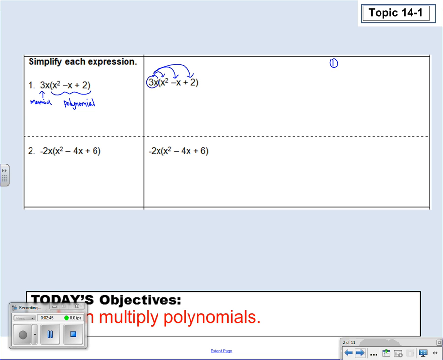So our step is to distribute the term on the outside, and this is outside the parentheses, to each term on the inside of the parentheses. That means every term. When I say distribute, distribute means multiply.